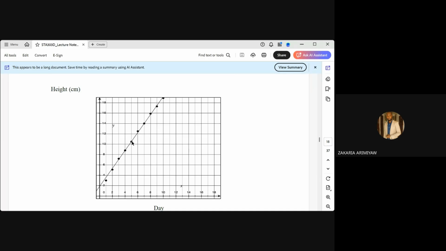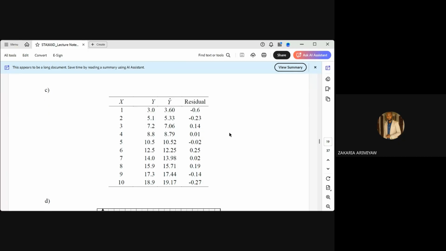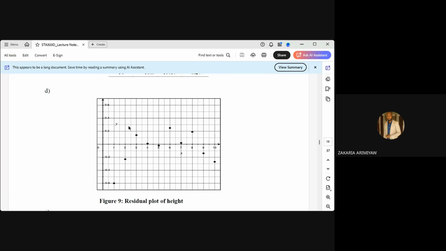So if you don't have the line of best fit, you can still do the residual plot. For the residual plot, you only need your residuals and your x values. You can even plot them without the scatter diagram. As it is, this is a fresh plot. We have not superimposed the residuals on the line of best fit, neither on the scatter diagram.